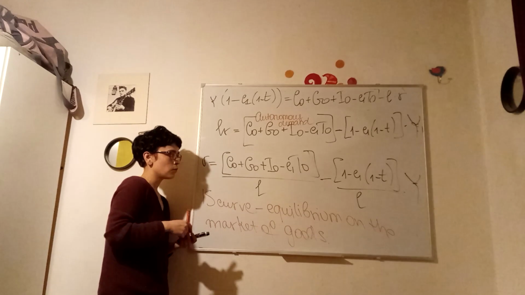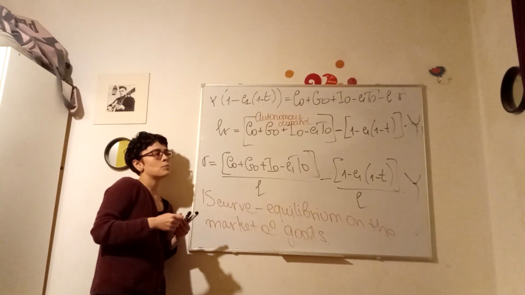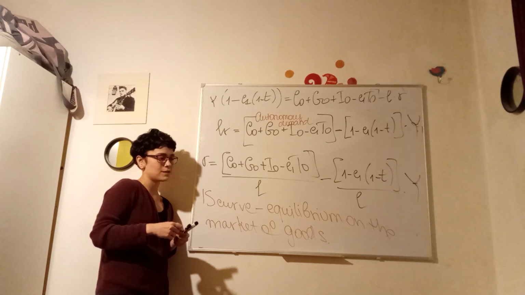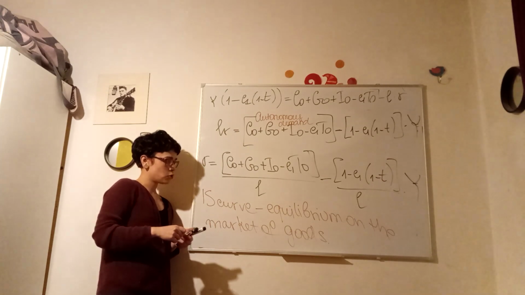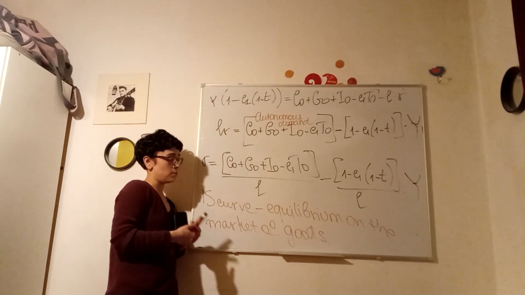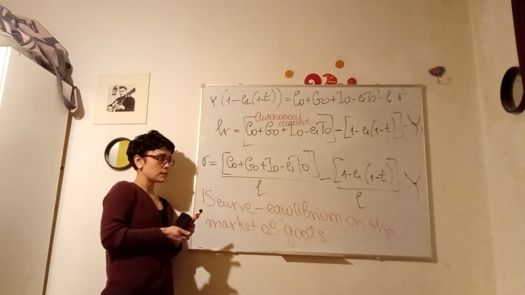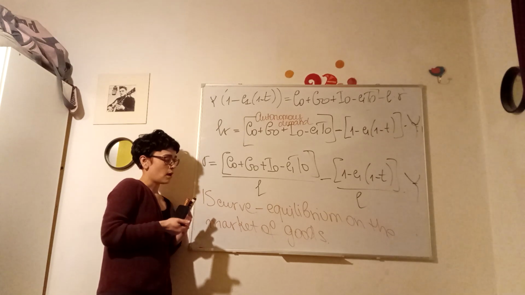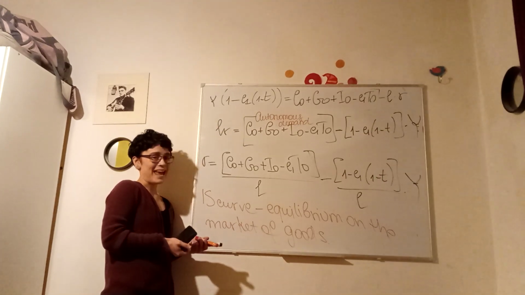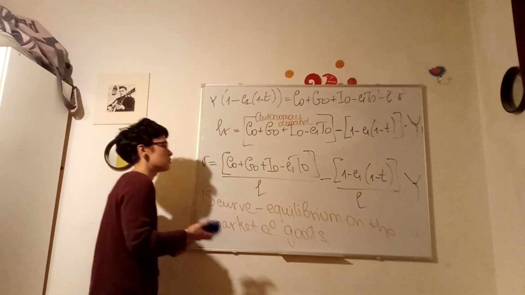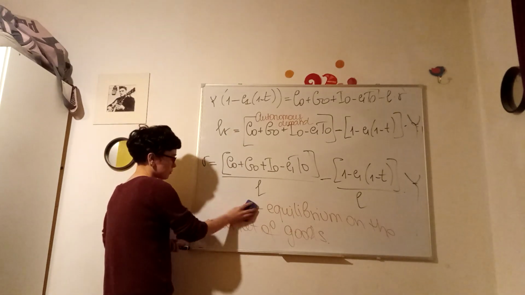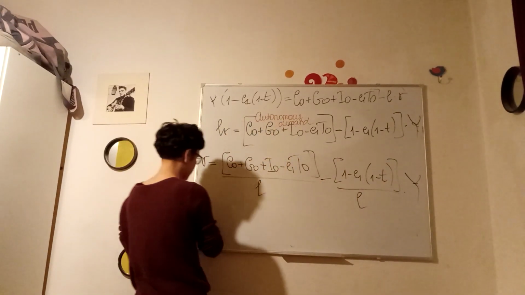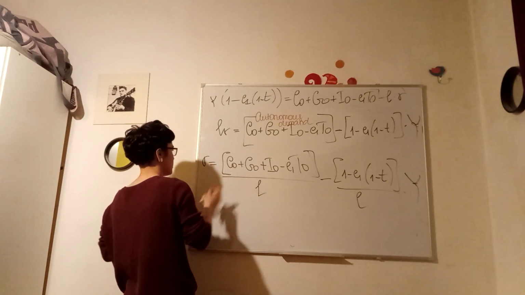So the IS curve represents all the possible combinations of real interest rate and real output which result in equilibrium on the market of goods, which means that aggregate demand is equal to aggregate output at any point of the IS curve. This is something we're going to analyze later.